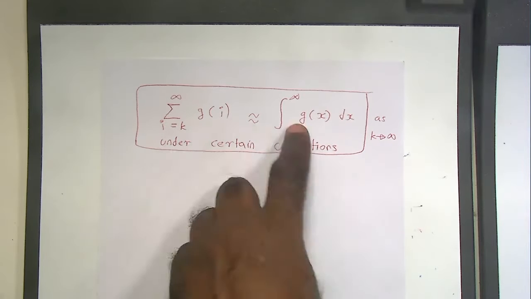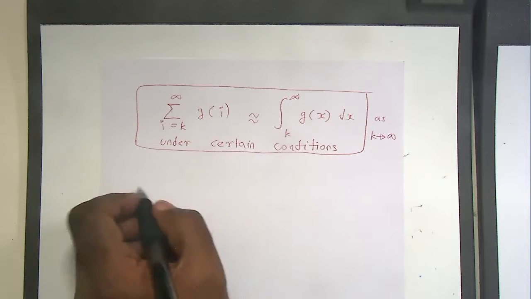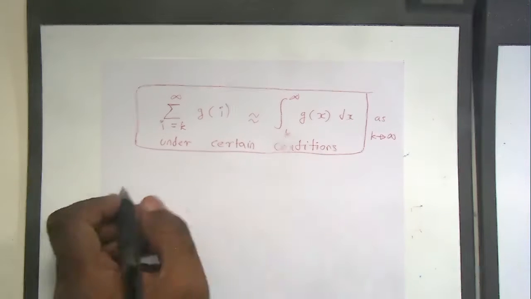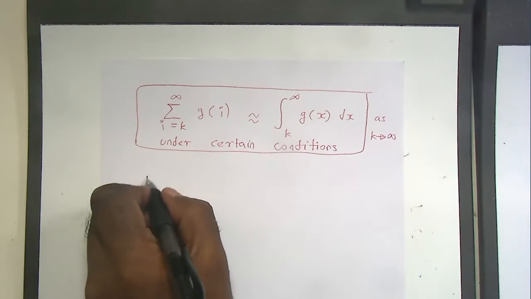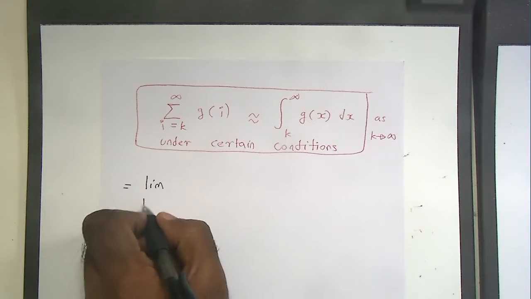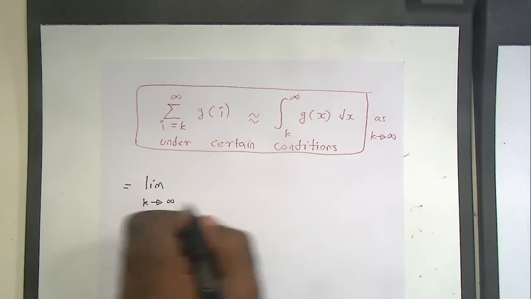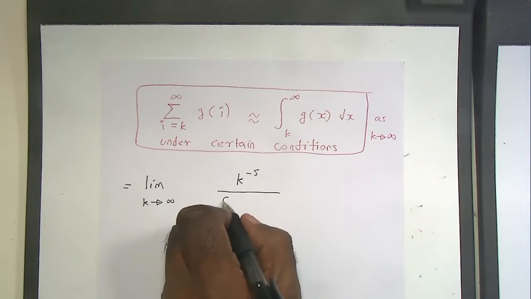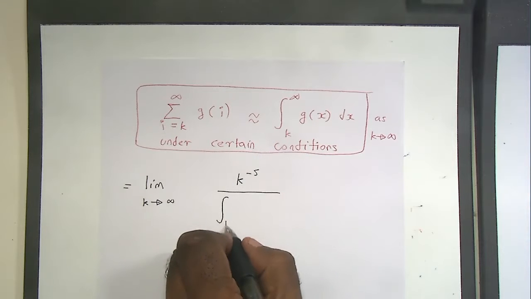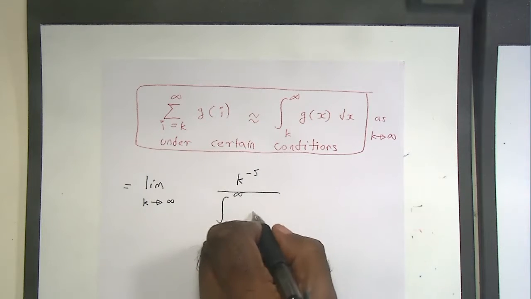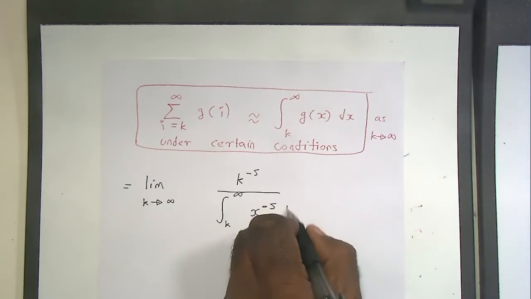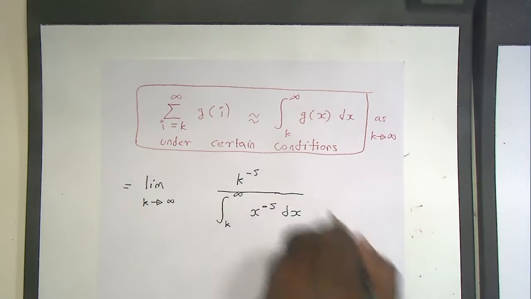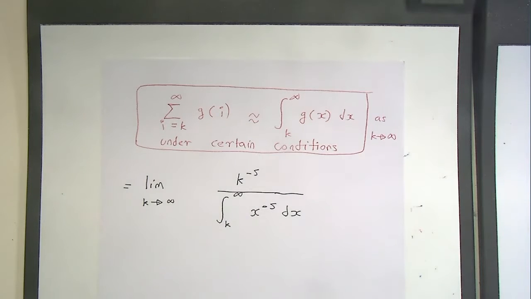So I'm replacing the sum by an integral. If you use this trick, this guy here would become the limit, okay.